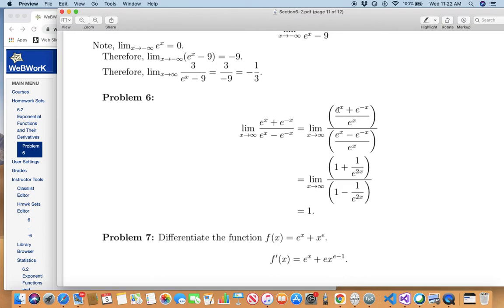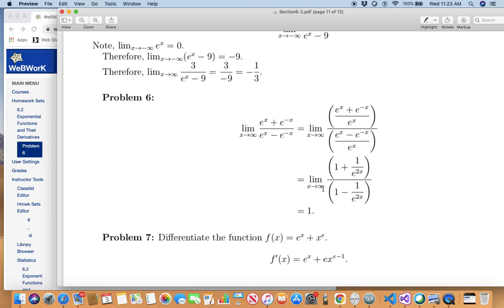What happens? Division distributes. e to the x over e to the x gives me 1, plus e to the negative x over e to the x. Bring that negative x to the bottom, and I have 1 over e to the 2x. Likewise for the denominator: e to the x over e to the x is 1 minus 1 over e to the 2x.